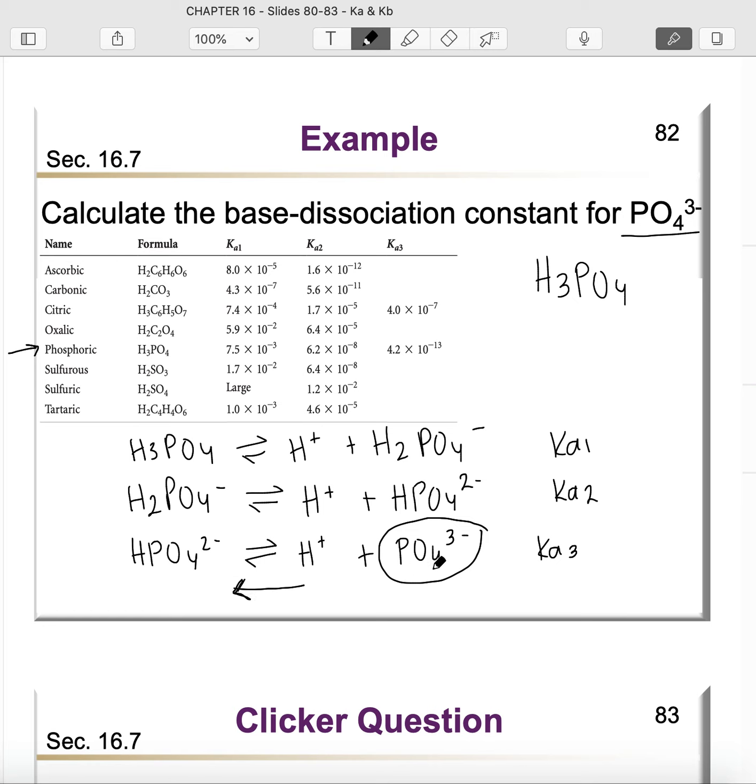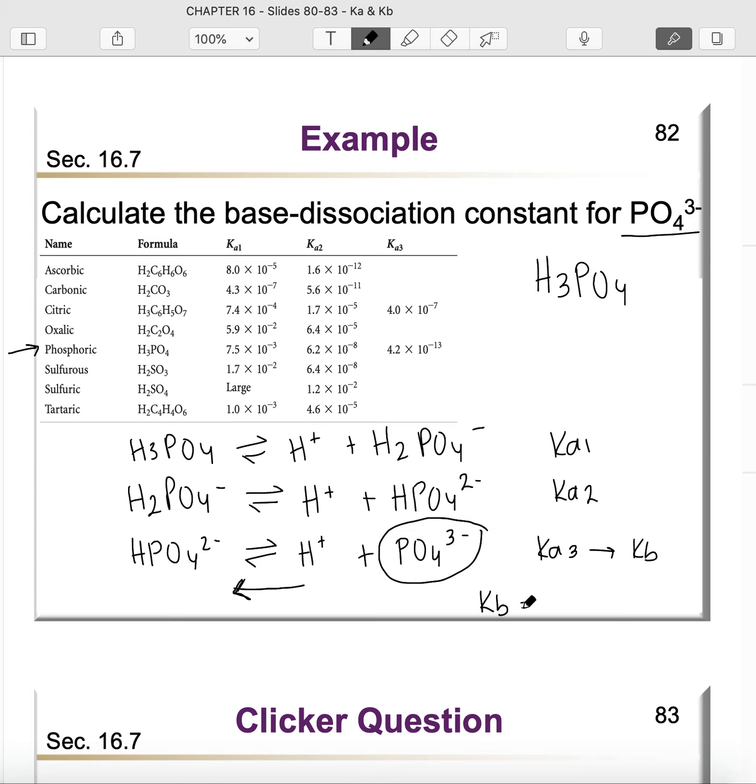Again, we're looking at phosphate acting as a base. When it acts as a base, it accepts a proton to form HPO4 2 minus. And therefore, I need to use this Ka3 to find the Kb. How do we find the Kb? Well, we're going to use the Kw equation.